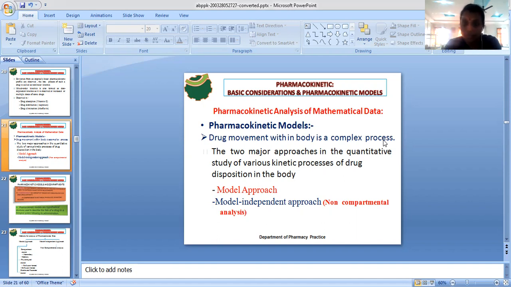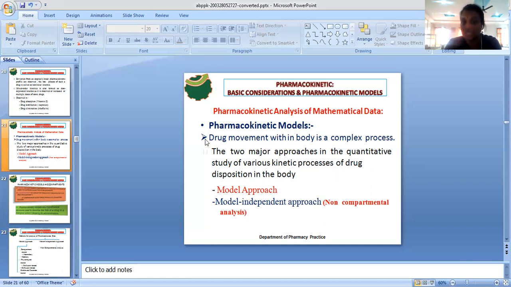Such a complex process, the whole drug movement, can be quantitatively estimated by some approaches. Commonly, two major approaches can be used for the quantitative study of such kinetic processes.